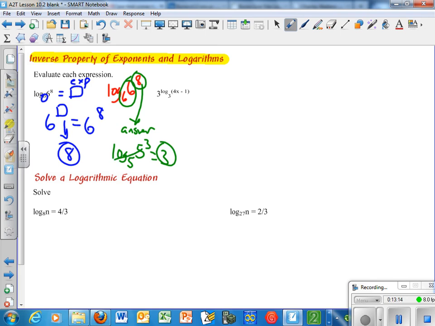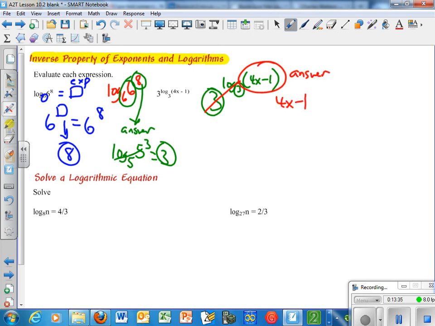Just to give you another example, here I have 3 to the log base 3 of 4x minus 1. Notice these two match right here. These are inverses of each other, and that's going to be your answer. In this case, it's just an expression.